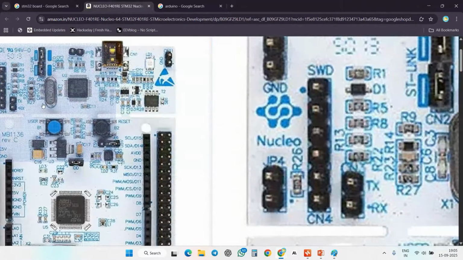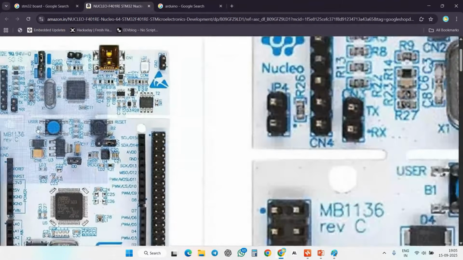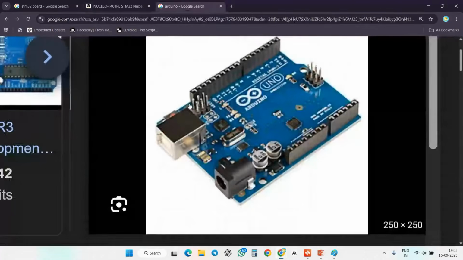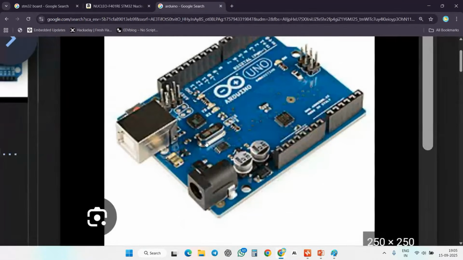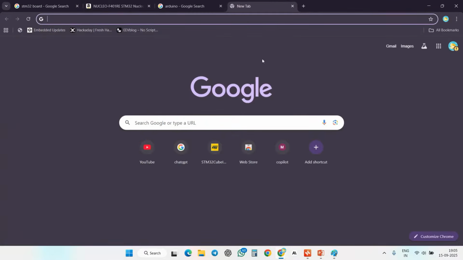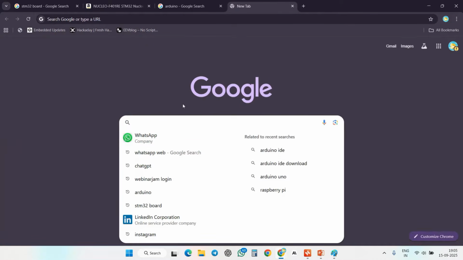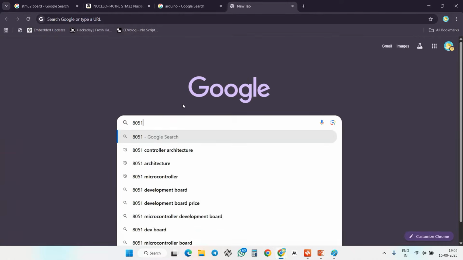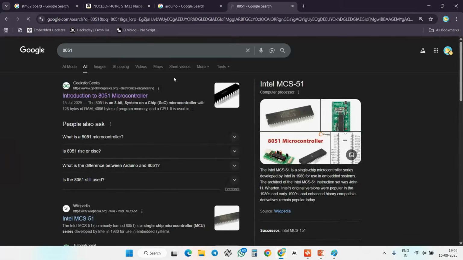It is called an STM32 microcontroller, which is an ARM-based microcontroller. Here I have opened the basic Arduino microcontroller, which also has the same oscillator. Even if you search for the 8051 microcontroller, it also has a crystal oscillator.